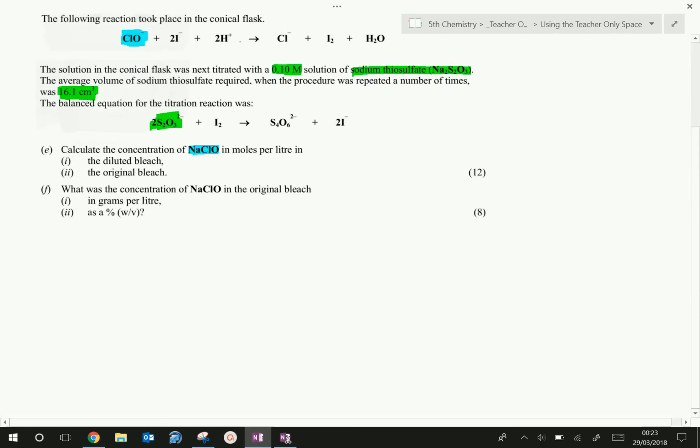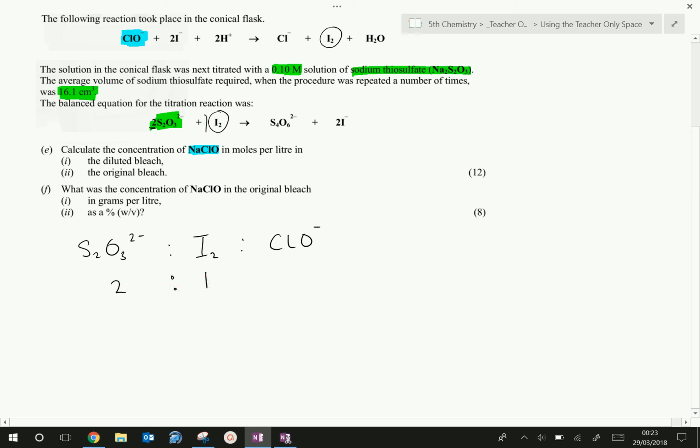So if we look at the two equations, we can see that what links them is the iodine. Iodine appears in both. So if I set up a ratio between thiosulfate, iodine and hypochlorite, we can see in the second equation that the ratio between thiosulfate and iodine is 2:1.